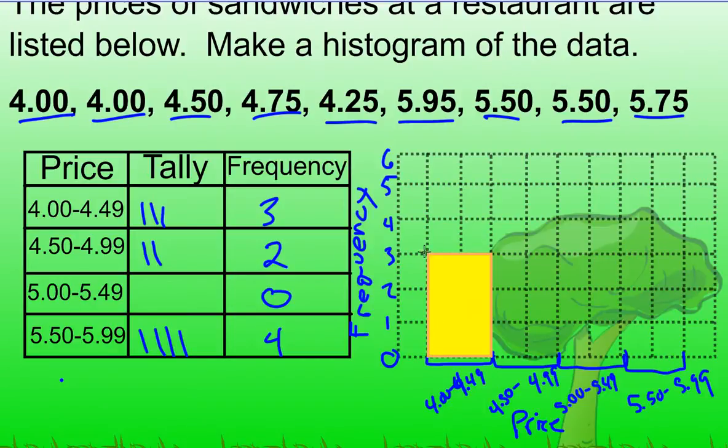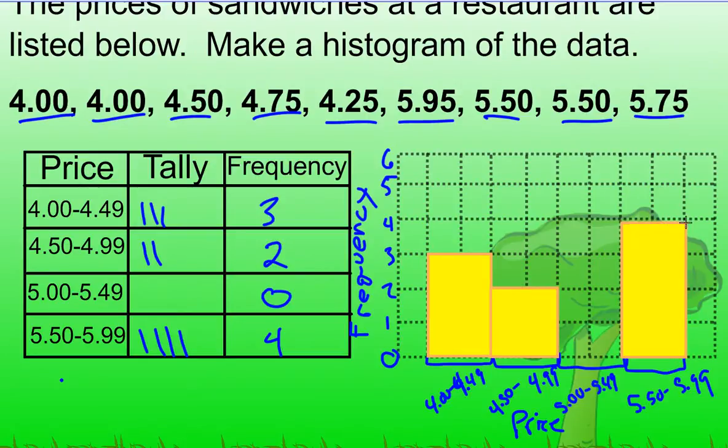It has a height of 3, because that was the frequency of 3. In my second category, there were 2 sandwiches in that range, so I make a bar with a height of 2. My third category, there were no sandwiches, so I just don't put a bar there. And finally, in the last category, a height of 4, because there were 4 sandwiches. So this is a histogram.